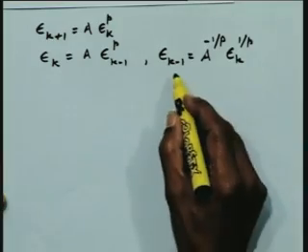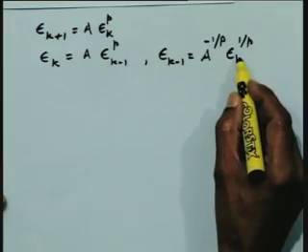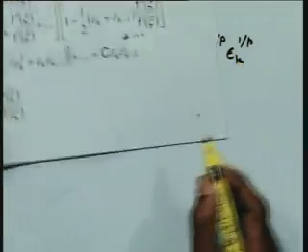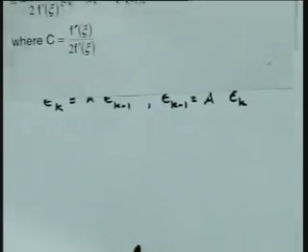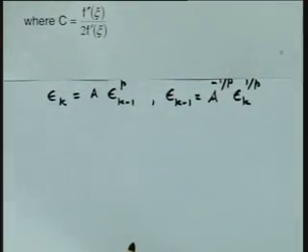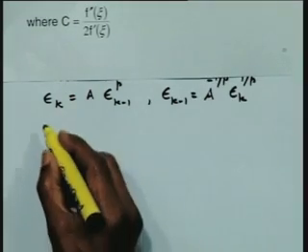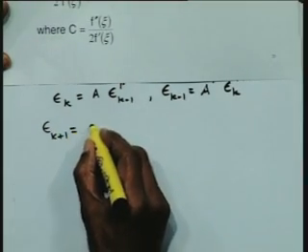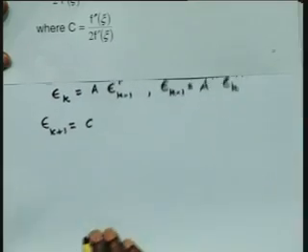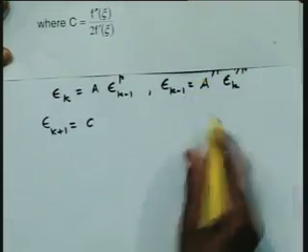Now I am able to express epsilon_{k-1} in terms of epsilon_k, and therefore I will substitute this in the expression that we have written over here. So I will have epsilon_{k+1} equal to c. Let us substitute first epsilon_{k-1} here.